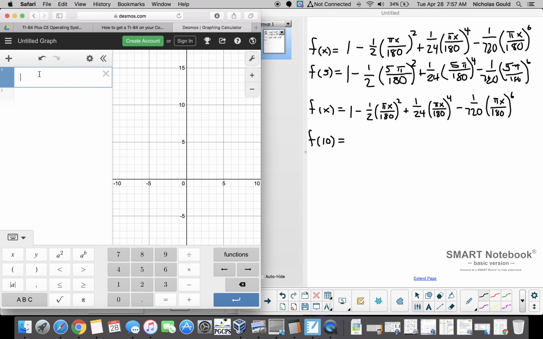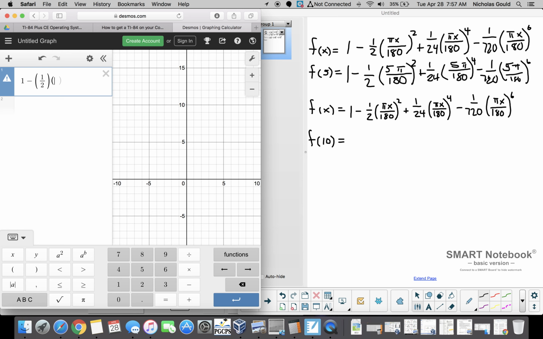So I'll pull up my graphing calculator to see what this is equal to. I'm going to do 1 minus, and I'm going to put it in just how I see it. Whenever I see a fraction, I want to put it in parentheses.